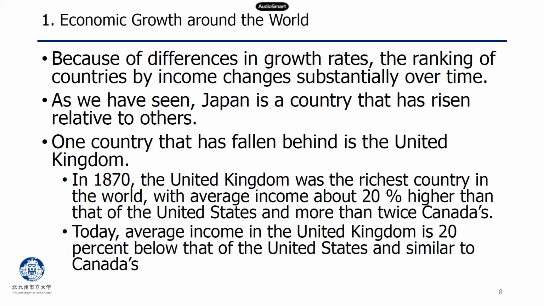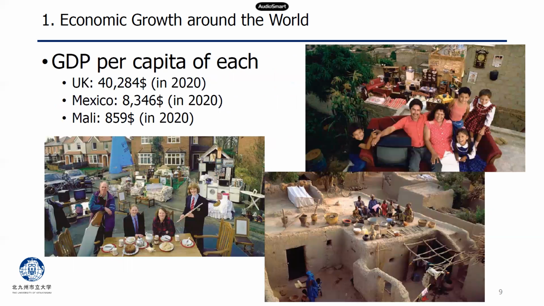It doesn't mean that the UK didn't try hard and the US tried hard. It doesn't mean that Japanese people were smarter for 100 years than other countries. Why did some countries grow fast? Why did some countries not? Well, we don't know the answer yet. There is no one answer.